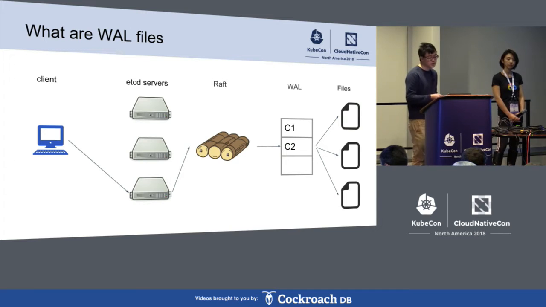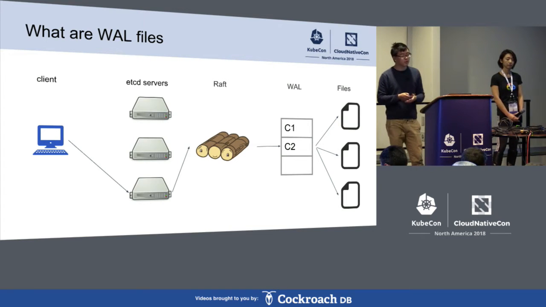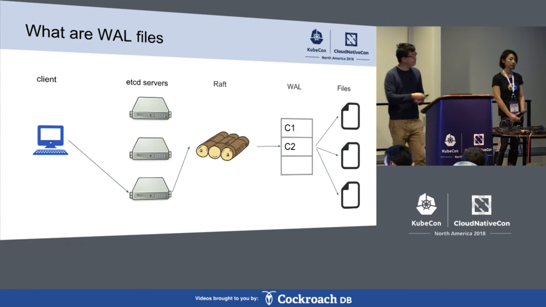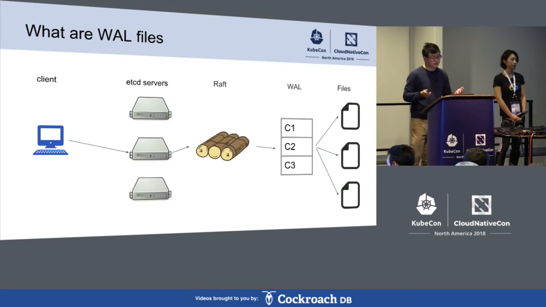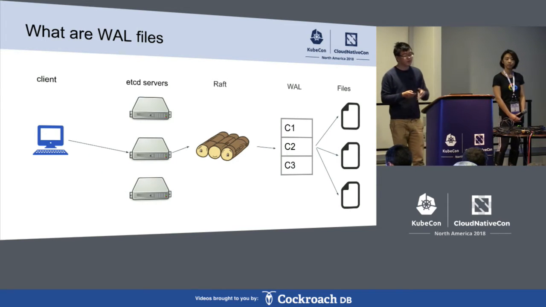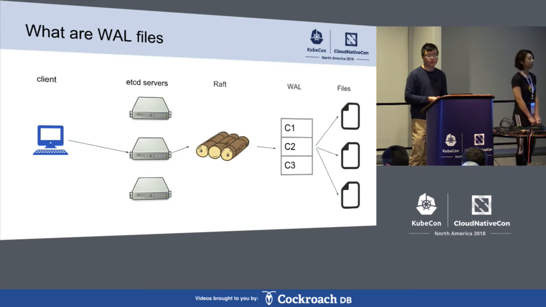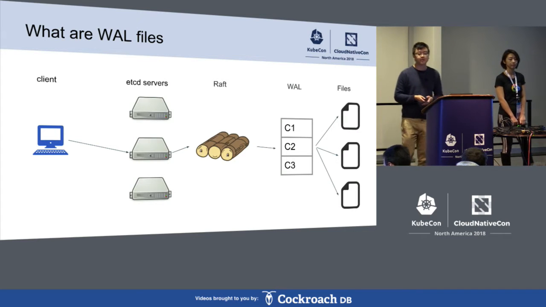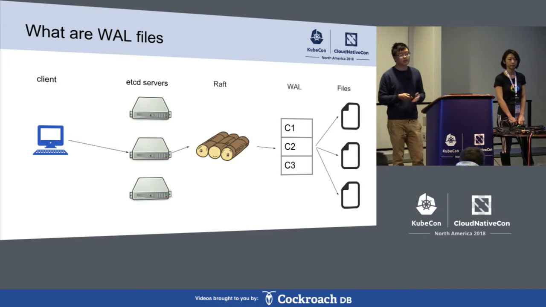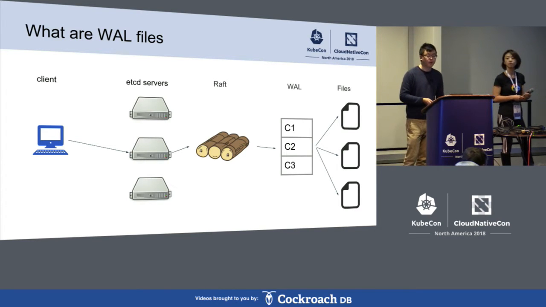Similarly, if it's sent to the third machine, it will get onto the WAL file. And if it's sent to the second one, it will go through Raft again and be appended to the WAL file. So you will see that the WAL file will be the same on all the machines, and all the machines will execute the WAL file in the same sequence. So the state of all the etcd servers will be the same. That's how etcd makes sure that all the members in the cluster have a consistent state. So the WAL file is very important.